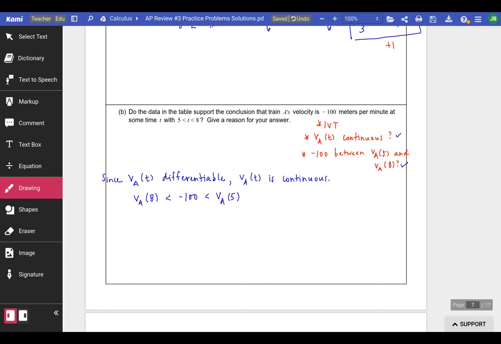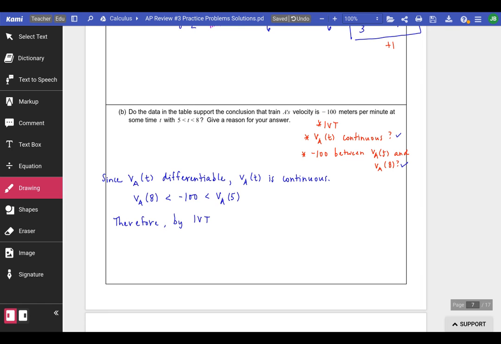Since I have these two conditions, I can say therefore, and I have to state the theorem, so by IVT, by the intermediate value theorem. For my conclusion, I'm going to use the wording of my question to help me out. We were trying to prove sometime t.